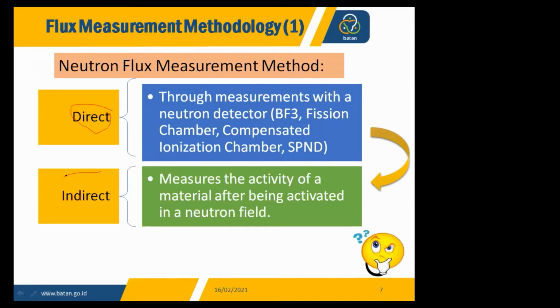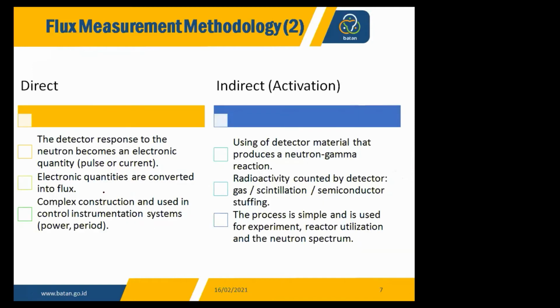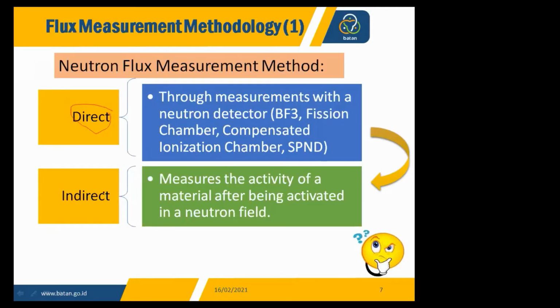The second is indirect measurement, namely by measuring the activity of the material after being activated in a neutron field.